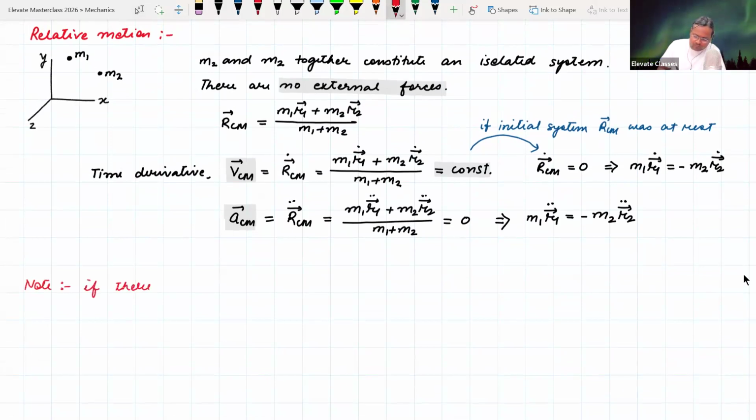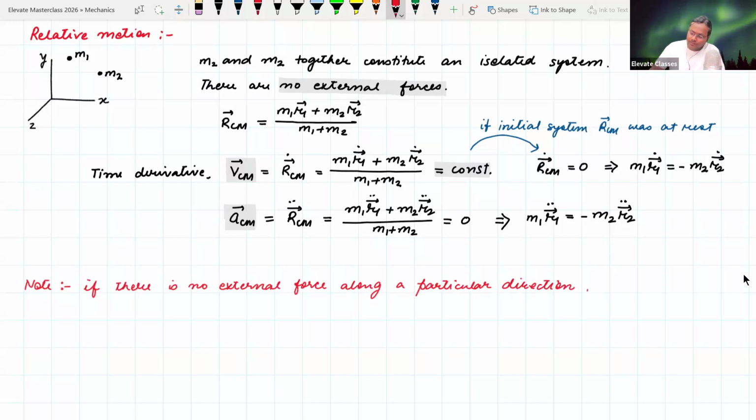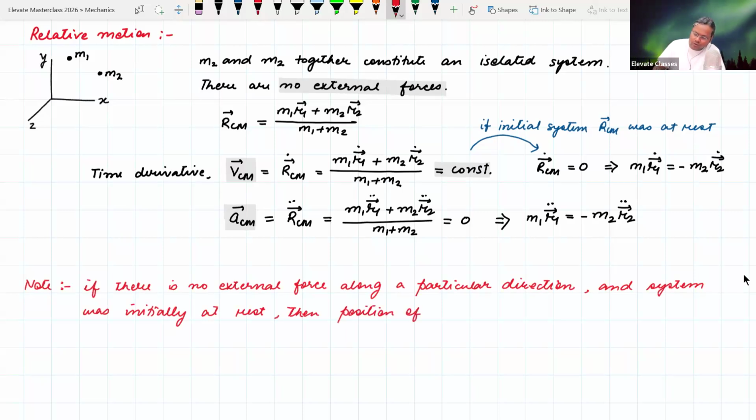the position of the center of mass of the overall system will also remain at rest. If there is no external force along a particular direction, and the system was initially at rest, then the position of the center of mass of the system will also remain at rest.